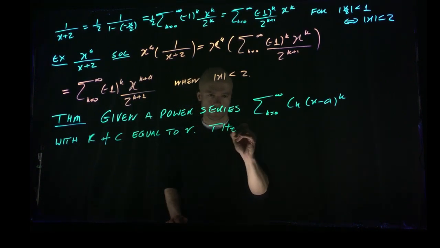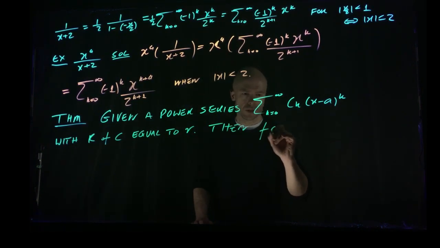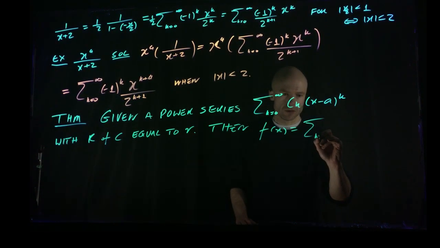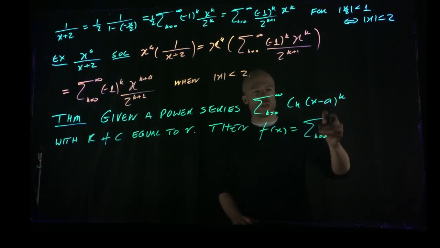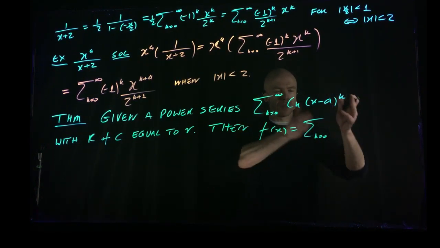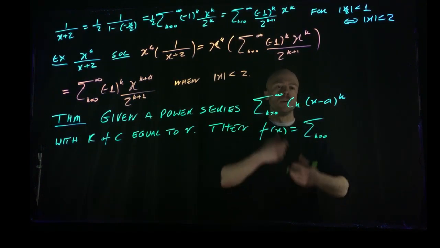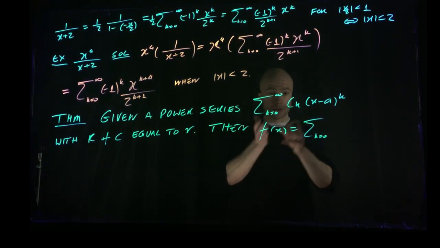Then the function f of x, which is defined to be equal to this power series. For every x where mod x minus a is less than r, this thing does converge. It is some well-defined number, so we can simply define a function f of x to be that number.